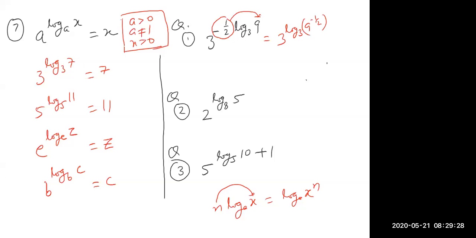Can I write in this way? Yes, sir. So now this will be equal to simply 9 raised to power minus half, that is 1 upon under root 9, which is equal to 1 upon 3. So Kishore has given the correct answer. Is it clear now? Any doubt in this first?